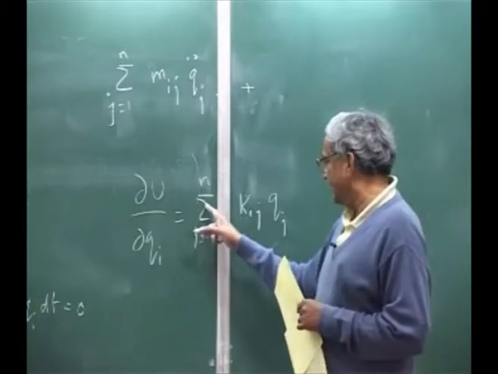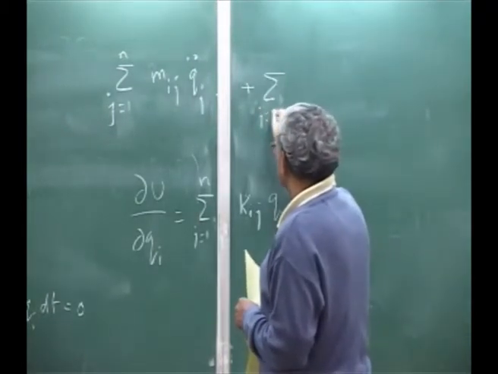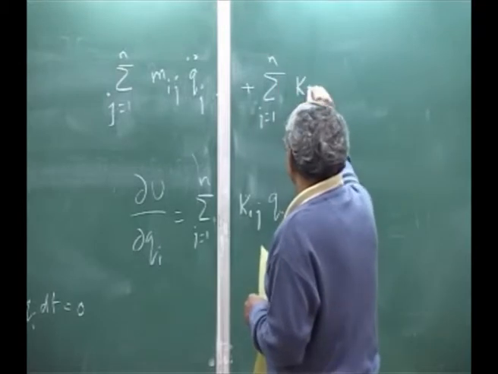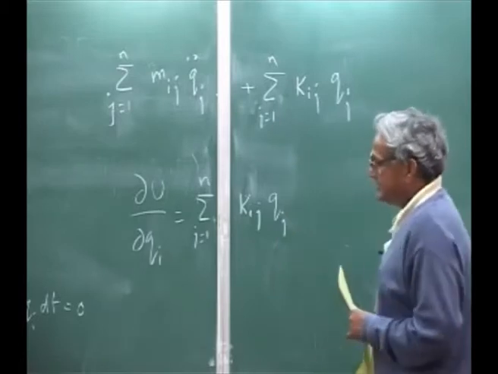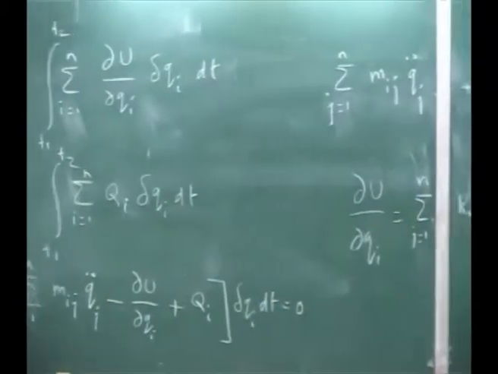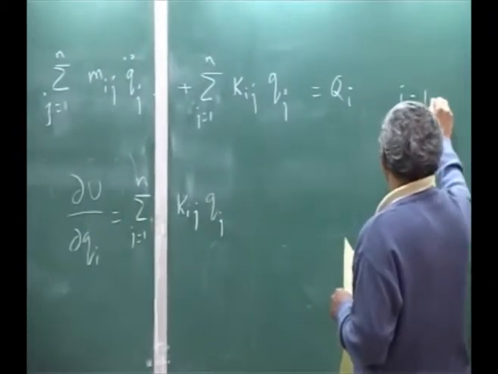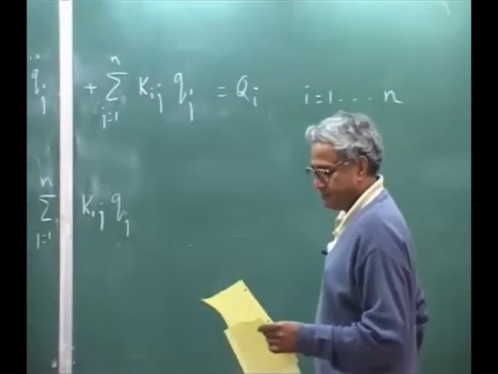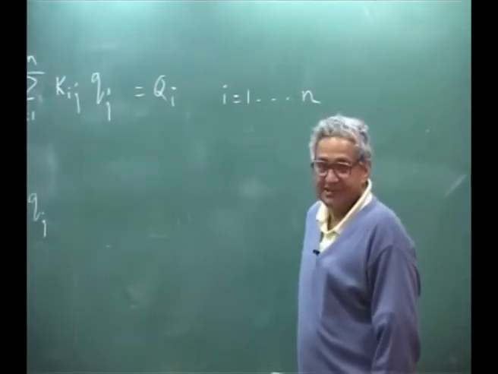When I do that, I will get this form, which will be again summation k_ij q_j. This is because I have taken the minus sign to one side, so the right side will become Q_i. Now i runs from 1 to n. This is my equation.